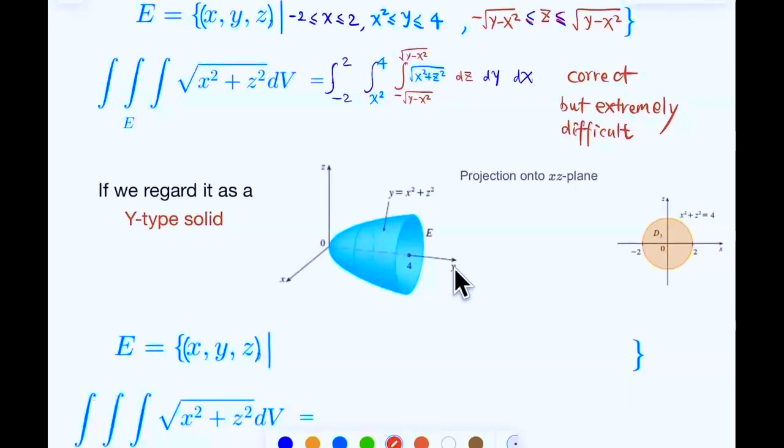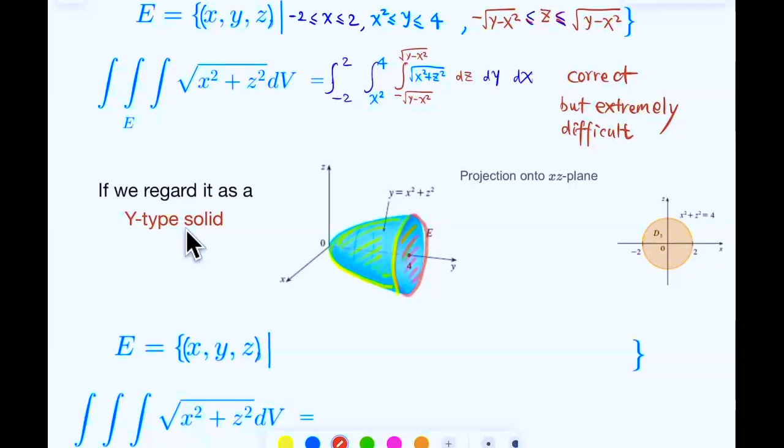So Y is going to be bounded on the left by this surface, and then bounded on the right by this surface. Okay, so on the left is a yellow surface, and on the right is this red surface over here. We can think about that as a Y-type solid, right?